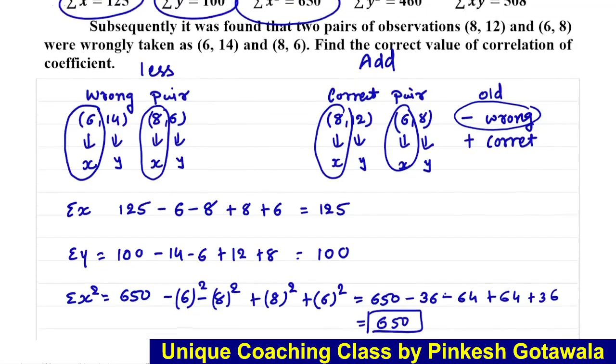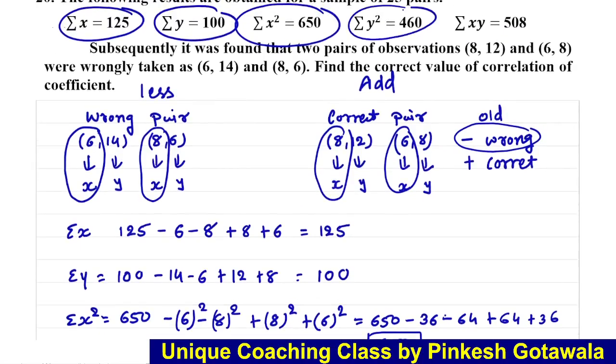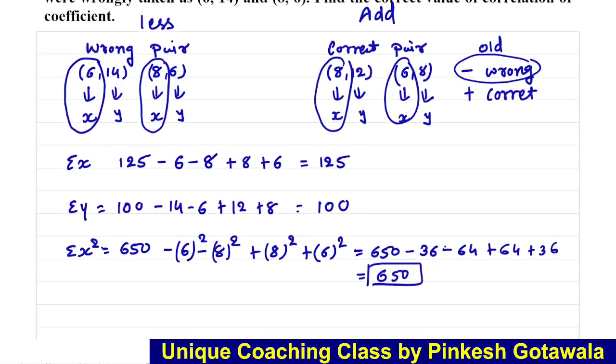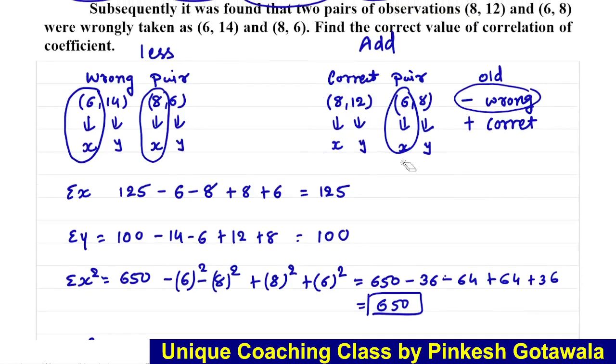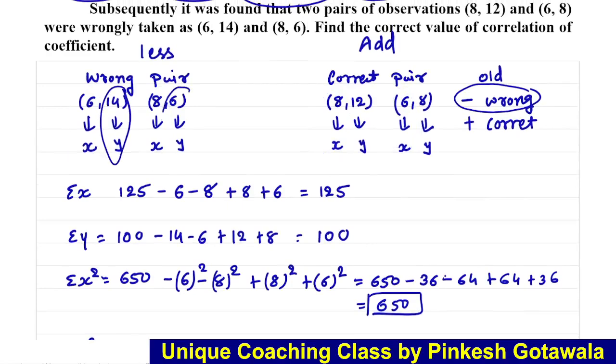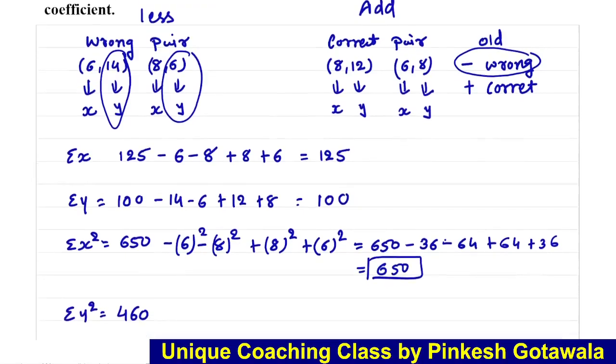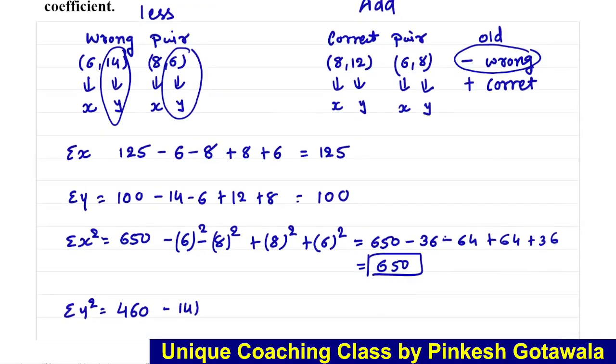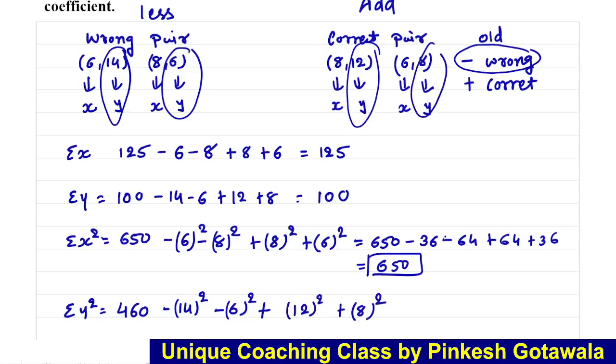Now next sigma y square 460. So here y square is given. So here 14 and 6, the wrong numbers, we have to subtract them, minus 14 squared minus 6 squared, and the right 12 and 8, 12 and 8.